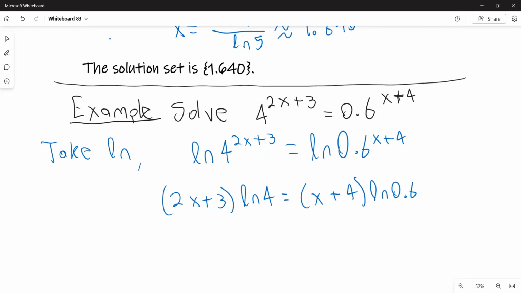Then we distribute. The natural logarithm of 4 and the natural logarithm of 0.6 are constants, so we can distribute. At the end, that's a linear equation that we are going to solve for x.